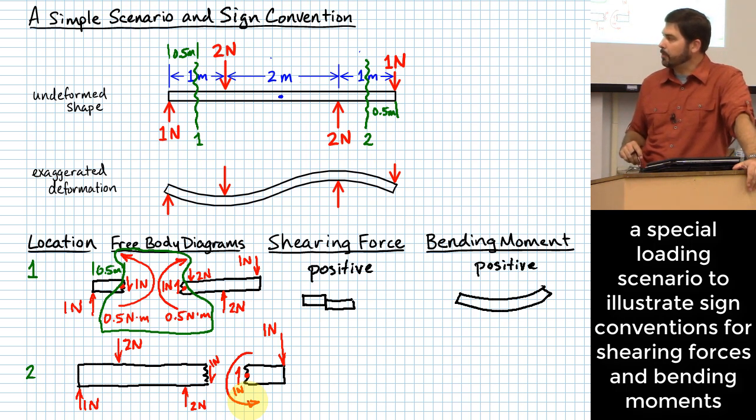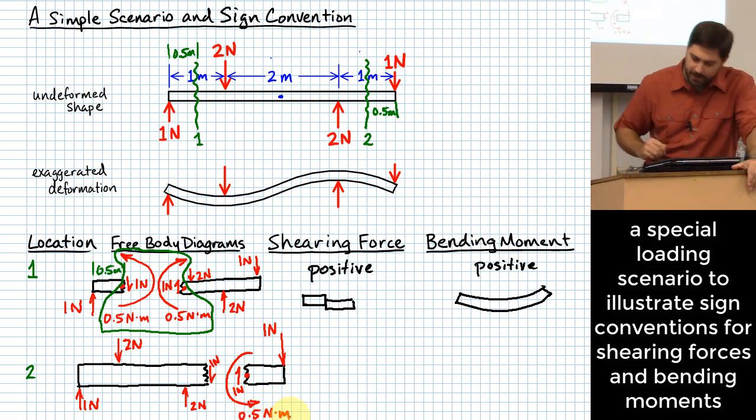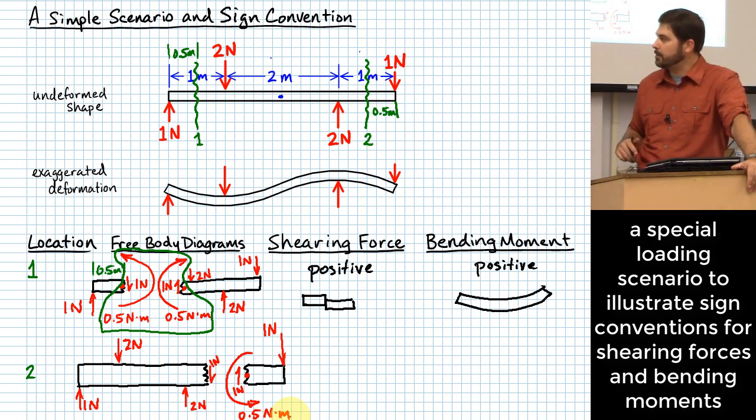Think about summing moments around the location where the cut is. In order to keep that in equilibrium, I need to counter the clockwise rotation that would happen from the 1 Newton force on the right end of the beam. So this would have to be a 0.5 Newton meter moment that would react against that one to keep it in equilibrium, right?